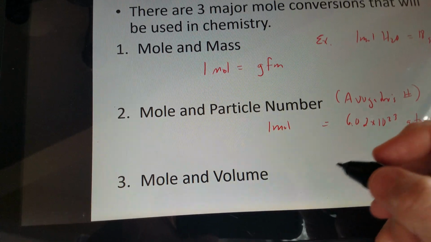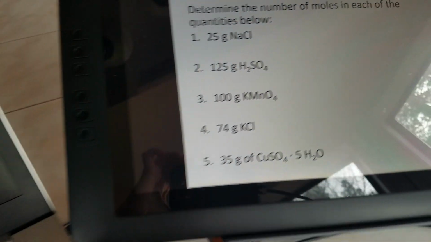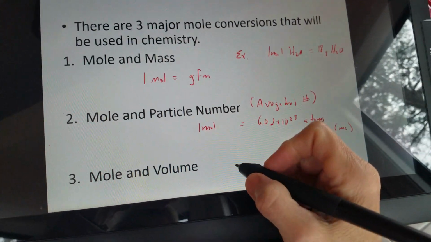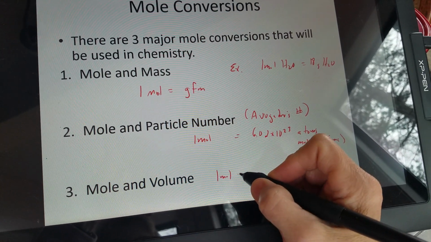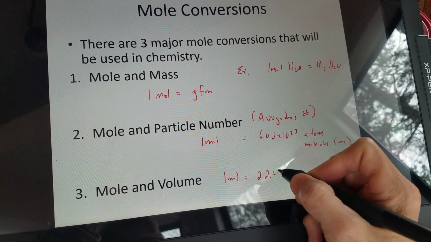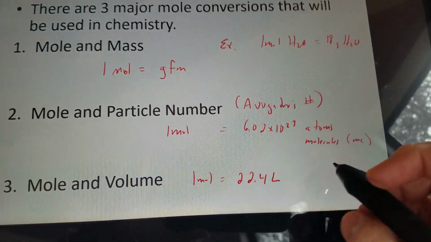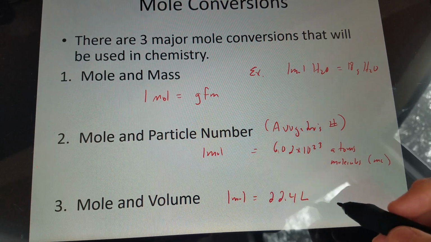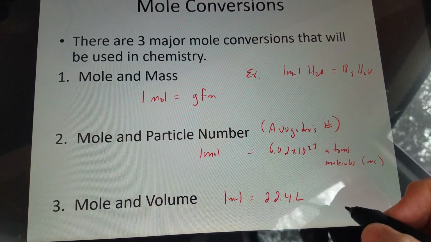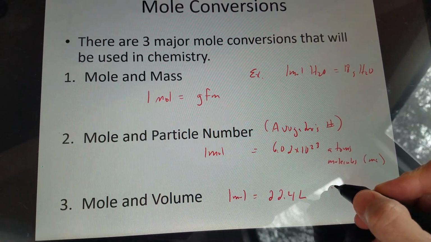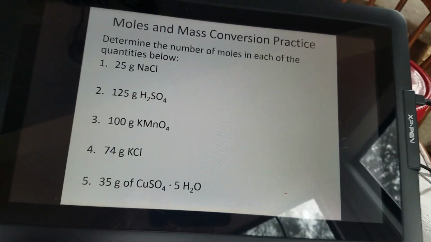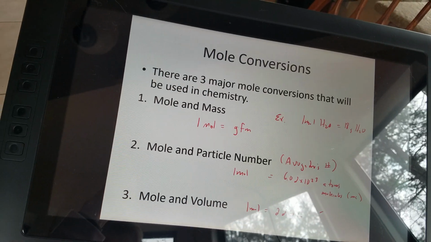Finally, you have between moles and volume. You know that 1 mole of anything is going to be equal to 22.4 liters of a substance. The only stipulation when you use this particular conversion factor is that it is only under certain conditions, at standard temperature and pressure.